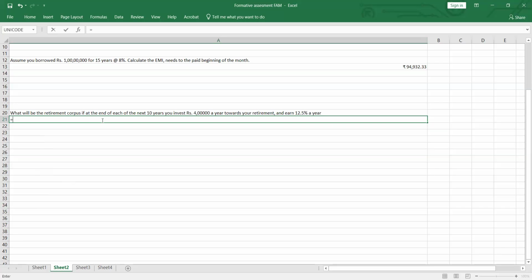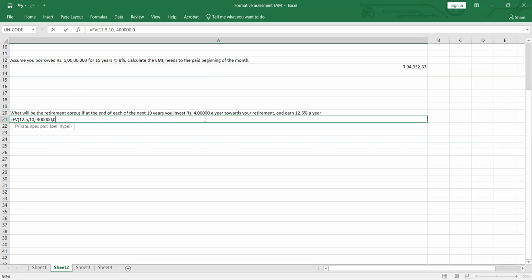We use the future value formula. What is the rate? The rate is 12.5%, so I put 12.5. Then the years is 10. The investment is 4 lakh, and I put a minus sign because this is an expense.